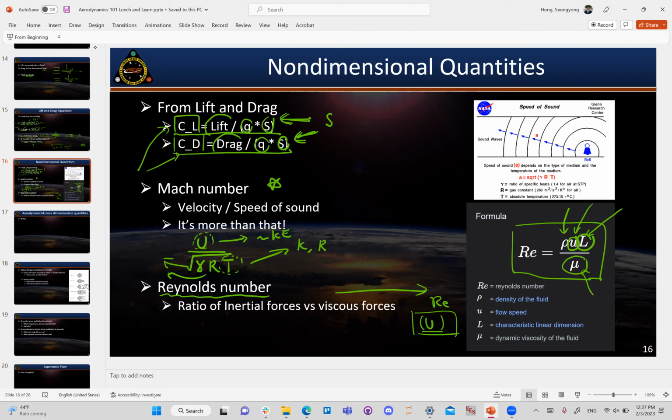Basically, if you have exactly the same flow flowing over a sperm whale, it's going to have a higher Reynolds number than flow moving over one of your red blood cells, because your red blood cells are really tiny. And what Reynolds number does, I'll save until the next slide.